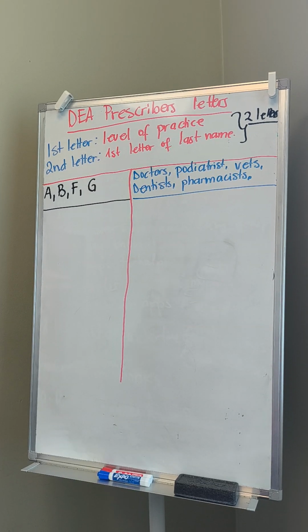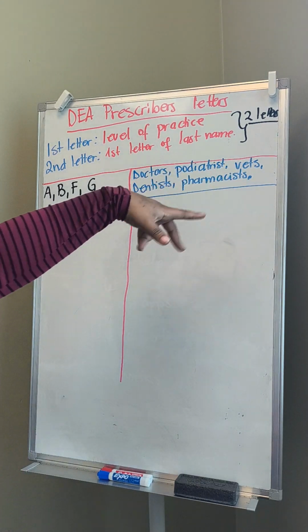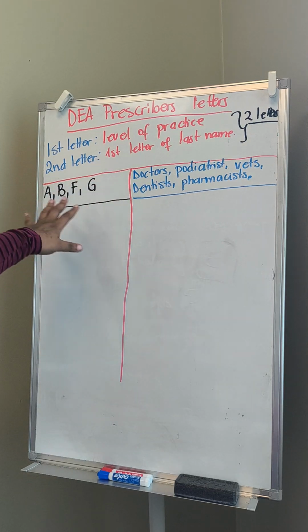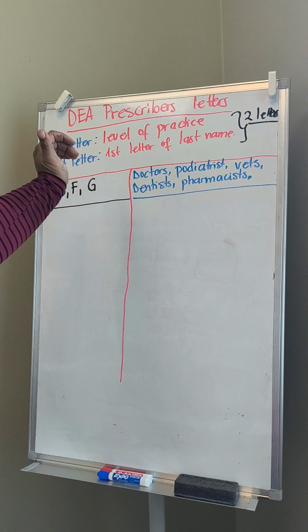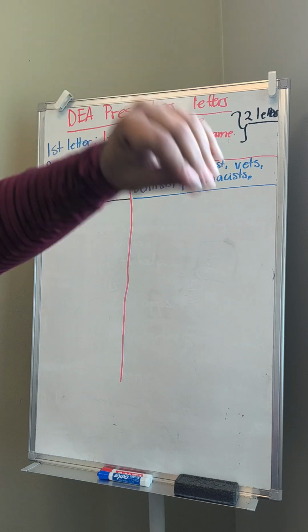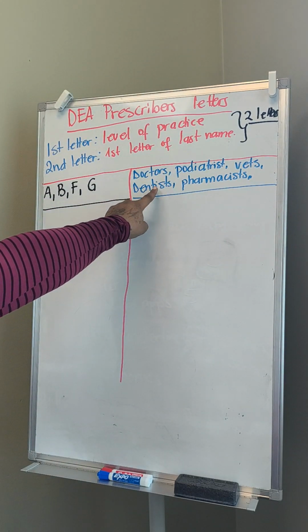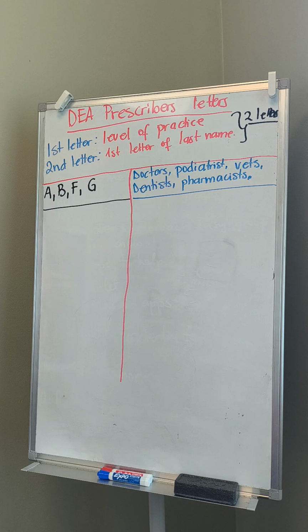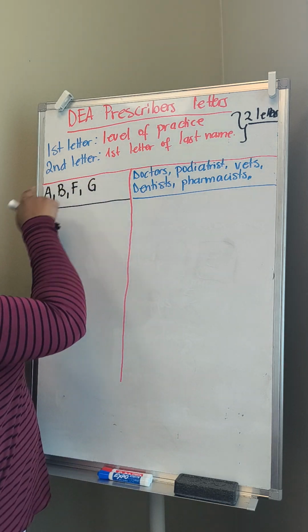So if I am an A, B, F, or G, this is usually, there's also hospitals here. I just didn't want to write it because hospital is not a person, but if you're at the hospital, usually these are the letters as well. A doctor, a podiatrist, a pediatrician, a veterinary, a dentist, or a pharmacist. These are the first letters in their prescriber letters. It's going to be one of these.